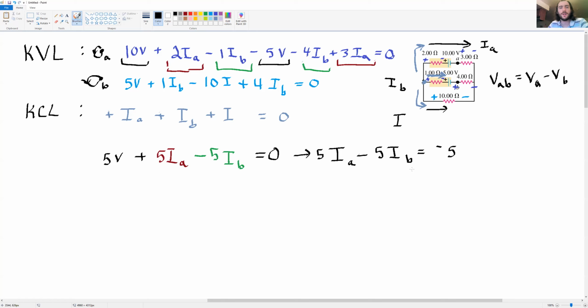Now this is an equation which we can have as a row in a matrix and then reduce that matrix to solve for all 3 of our unknowns. The next equation, there's nothing really to combine, but I'll move again the 5 volts over to the other side.